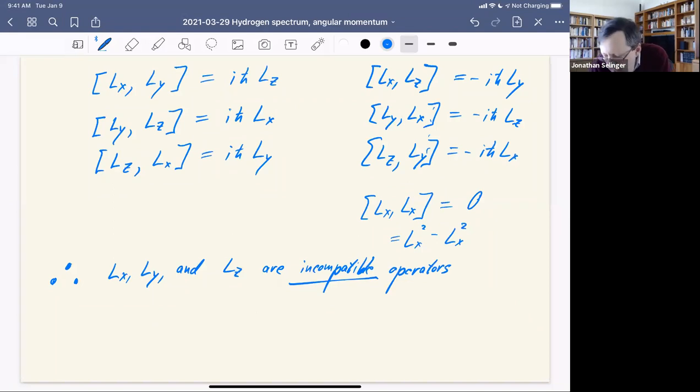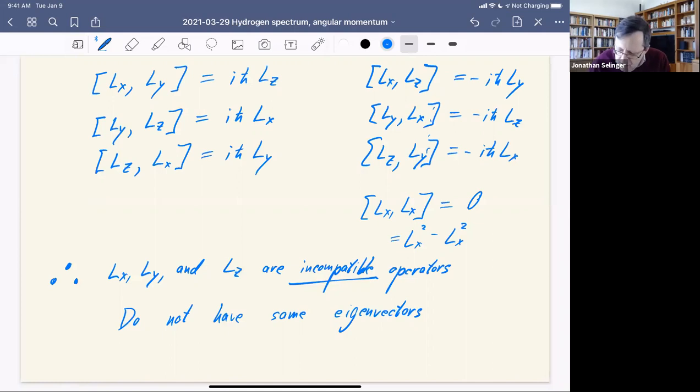The idea is that these operators do not have the same eigenvectors. That is, the eigenvectors of Lx are not eigenvectors of Ly or Lz. Each of these operators has to have its own set of eigenvectors, which are different from the other ones.